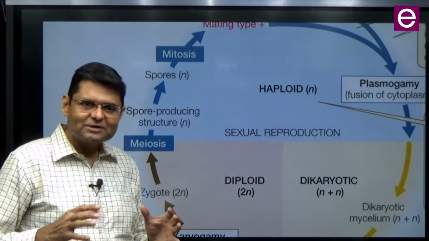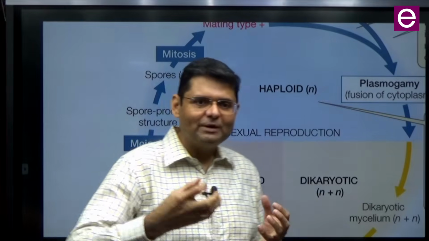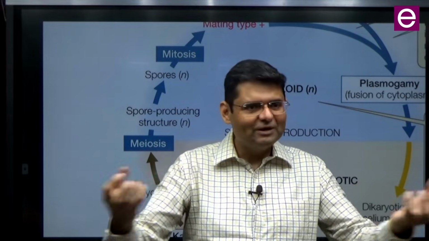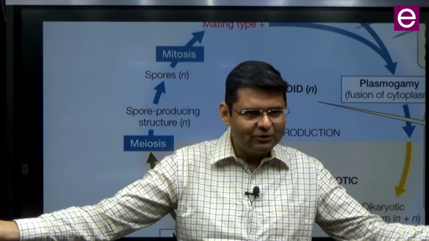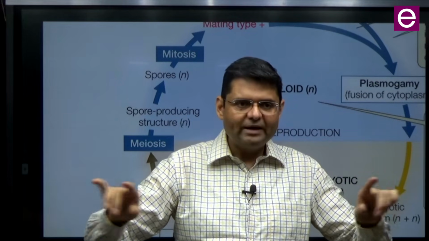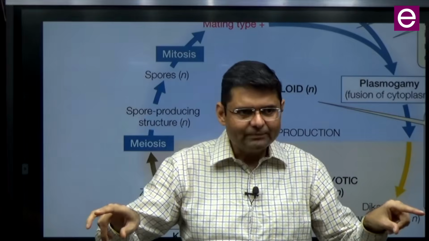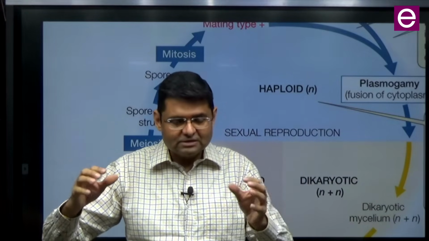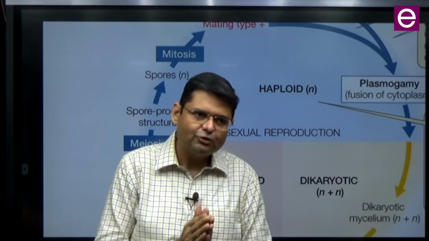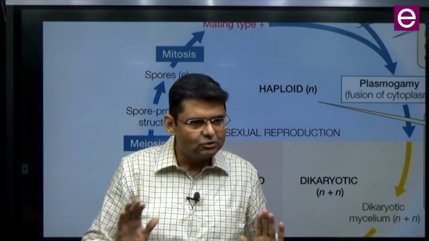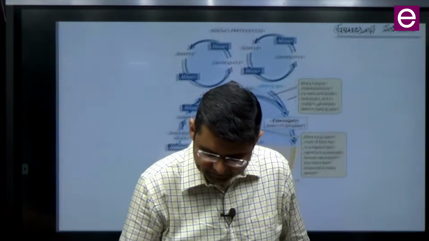When meiosis forms spores, half of the spore will be plus type, half of the spore will be minus type. So plus type will again grow into plus thallus, minus will grow into minus thallus. They both will carry out their own asexual reproduction, but when their reproductive structures, sexual structures unite, because they are from opposite sides, they will be uniting correctly. Understood it nicely? Good.